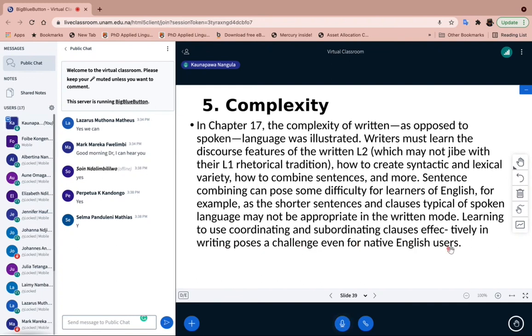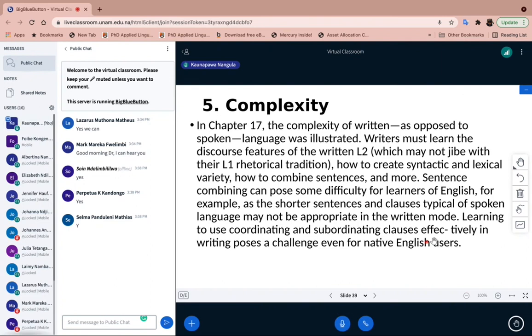Just imagine, native speakers also have difficulties with creating coordinating and subordinating clauses in their writing. So with our learners, we have to train them, because what do they end up doing for the most part is constantly using simple sentences, run-on sentences, so many issues when it comes to writing.